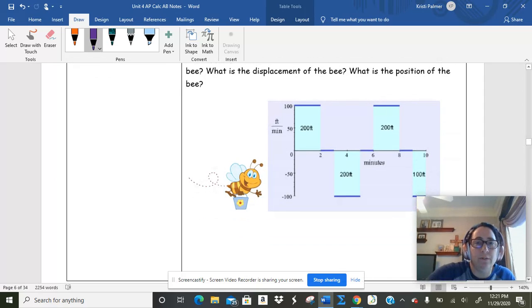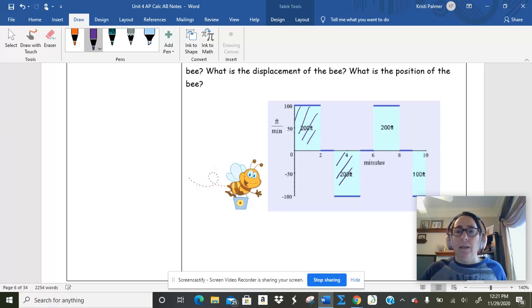What is the position of the bee at the end, after 10 minutes? Okay. So this area is going to be kind of a newer concept that we will talk about. The area of this is giving me how much the bee has traveled, okay?